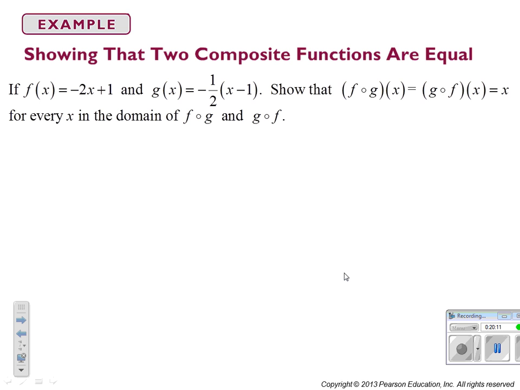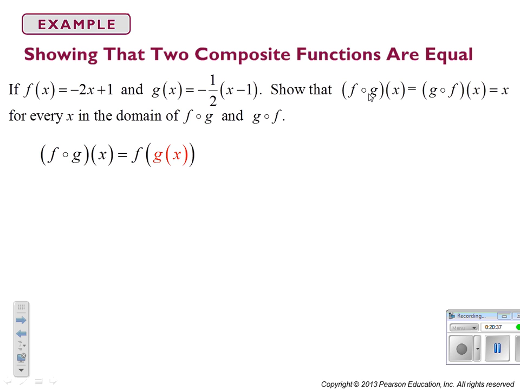Okay, so if I have f of x equals -2x plus 1, and g of x is -1/2 x minus 1, we're going to show that f of g of x and g of f of x are equal to x for all x values in the domain of the two functions. So the first thing we do is find f of g of x.